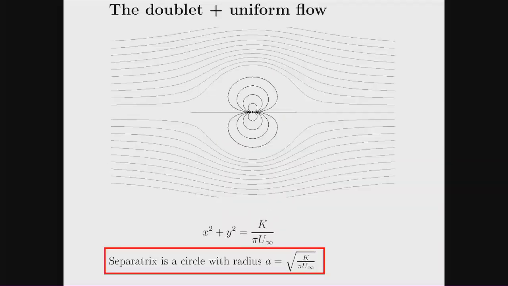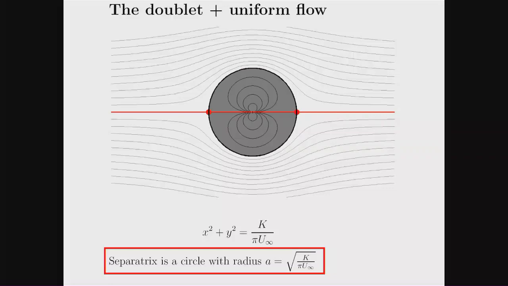Okay, so we get a separatrix which is a circle with radius square root of k over pi u infinity. Remember, I have stagnation points at plus minus square root of k over pi u infinity, and this circle is my separatrix. And don't forget I have another separatrix which goes along my x-axis.